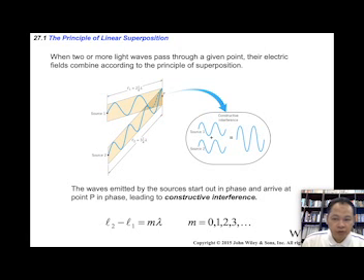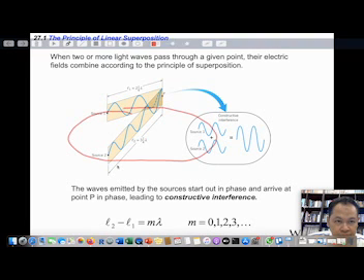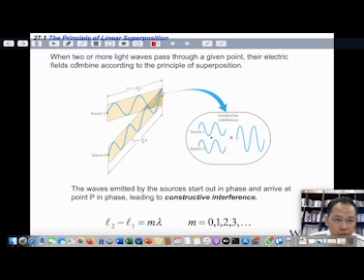Okay, the beauty of interference comes from this concept. As you know, if there are two or more light waves, we focus only on two here. If you have two waves, this source and this source, they have different electric fields.